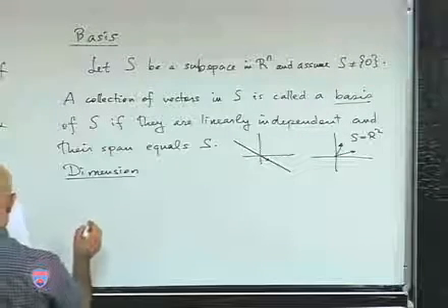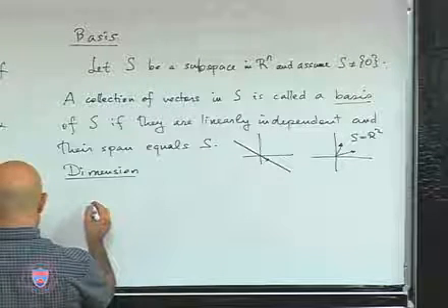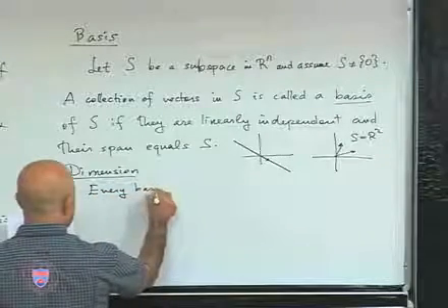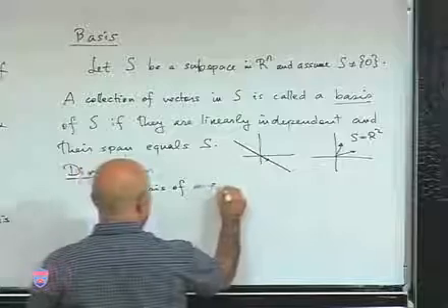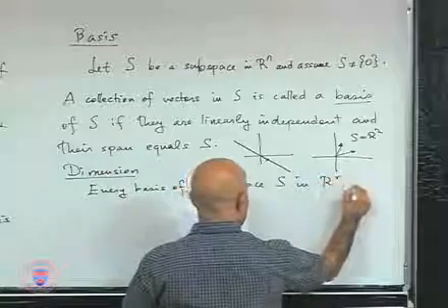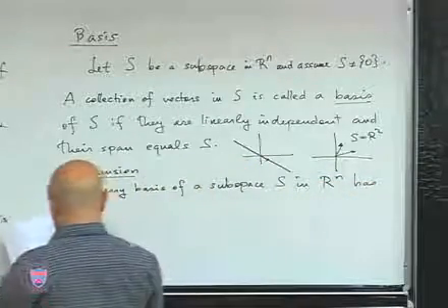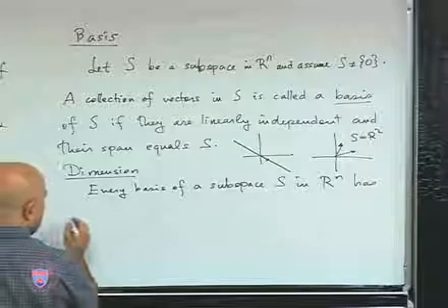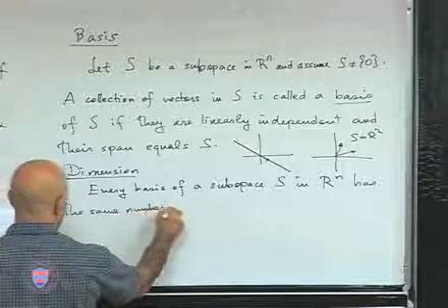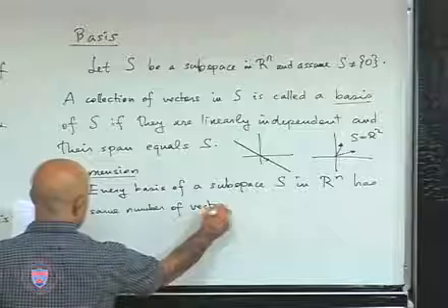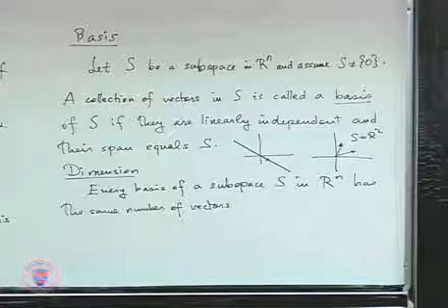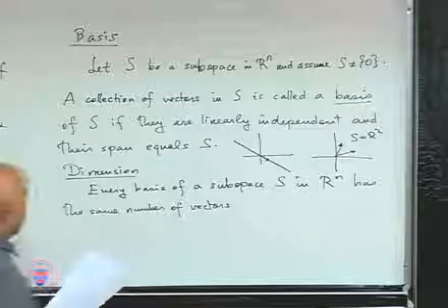The dimension of a subspace S is the following. Every basis of a subspace S in Rn has the same number of vectors, which are by definition linearly independent and also whose span generates S, okay?